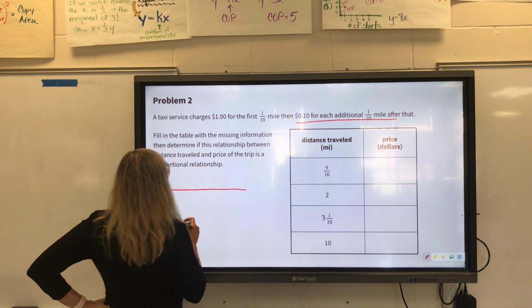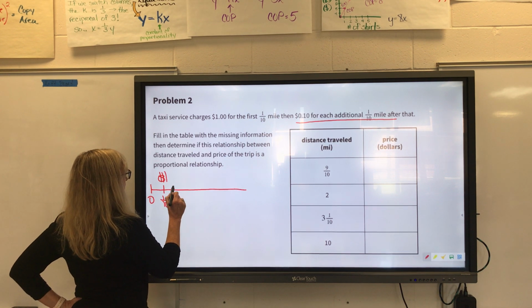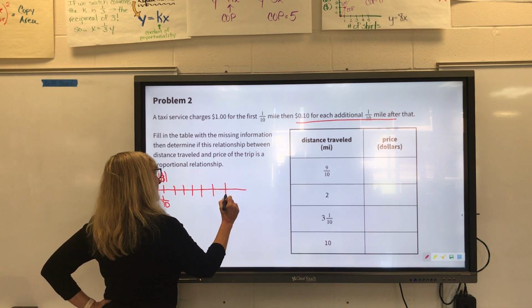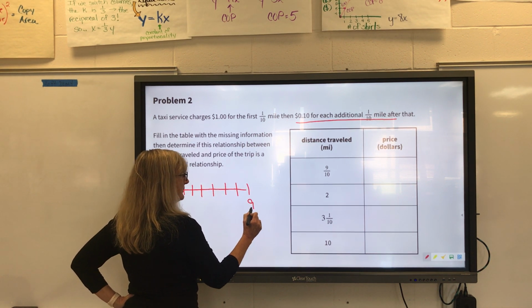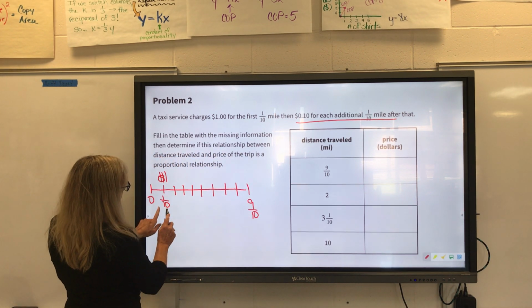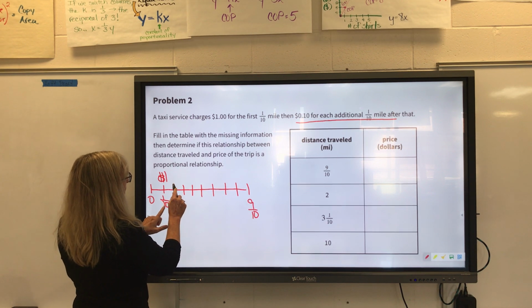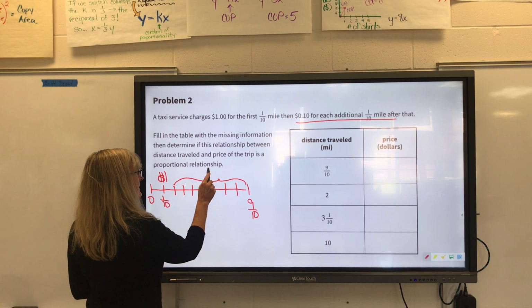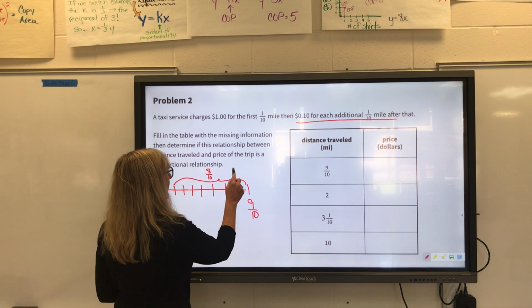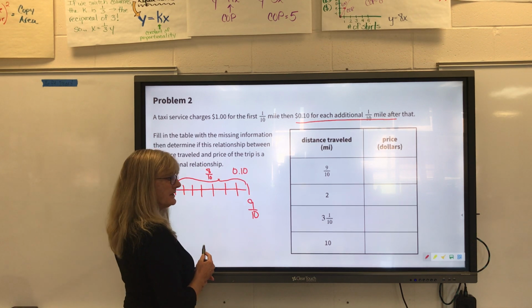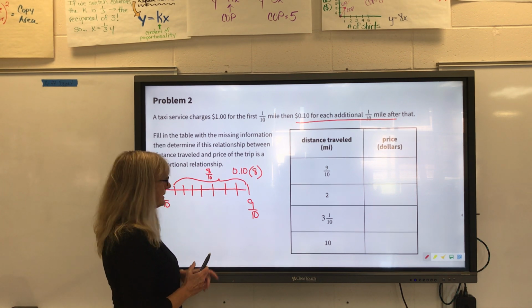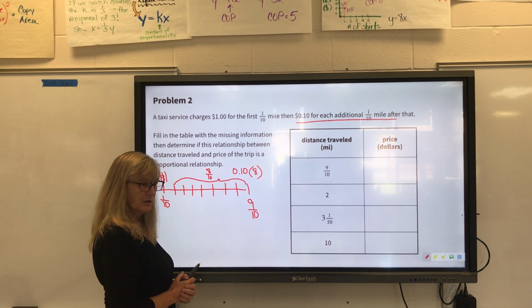So if I go 9/10 of a mile, that's 1/10, 2/10, 3/10, 4/10, 5/10, 6, 7, 8, 9/10. I've gone 9/10 of a mile. I'm going to pay $1 for this 1/10, and then for the remainder, 8/10, I am going to pay 10 cents per tenth. So I'm going to multiply 10 cents times 8 because I have 8 more tenths to go.